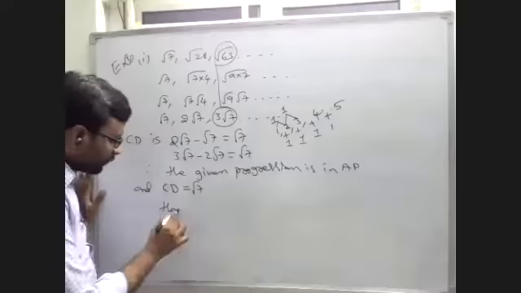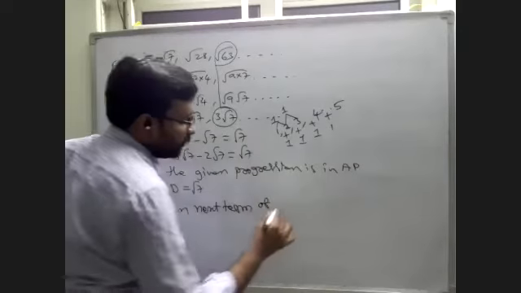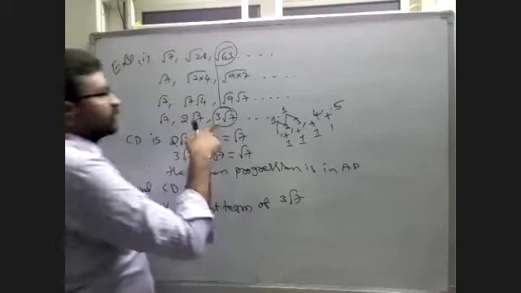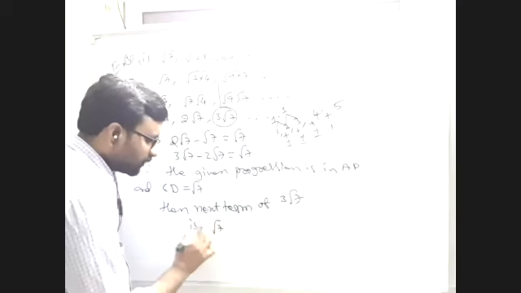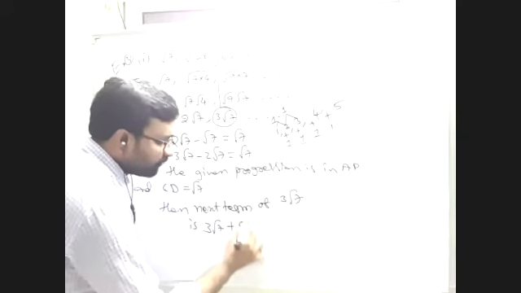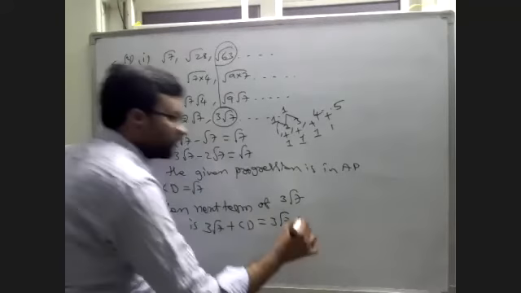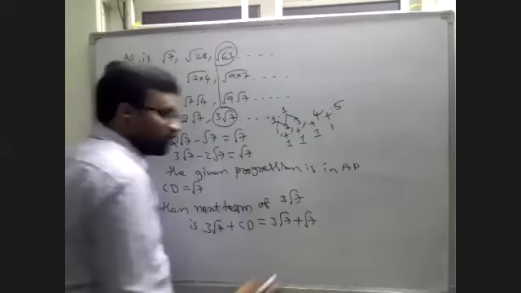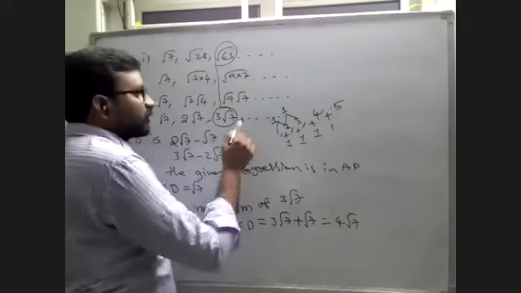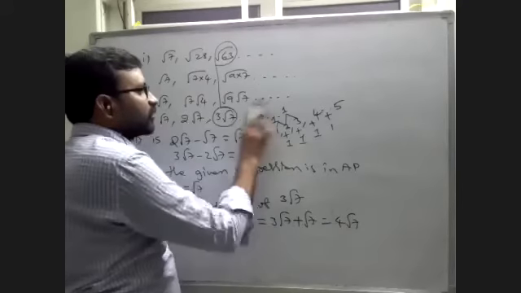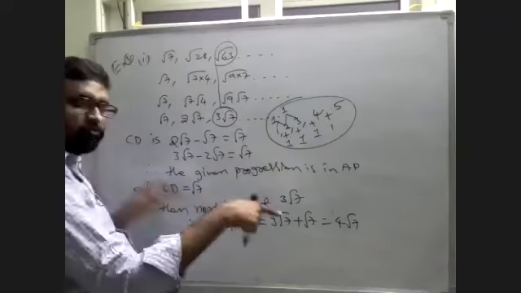Then the next term of 3 root 7 is 3 root 7 plus common difference, that is 3 root 7 plus root 7, which is equal to 4 root 7. So what is the next term? 4 root 7. In this series you will get 4 root 7. I am not writing it here.